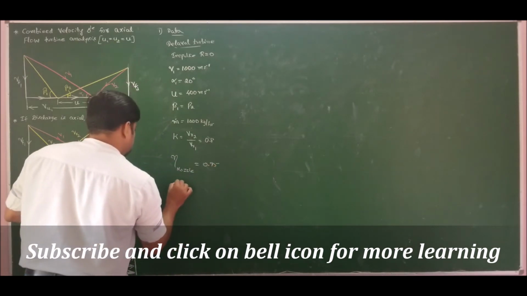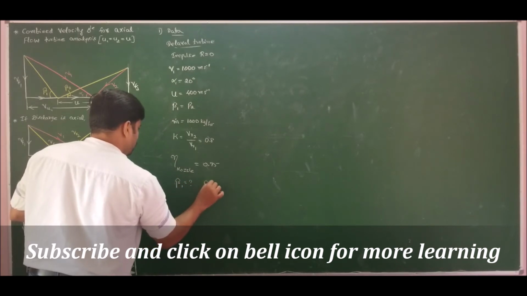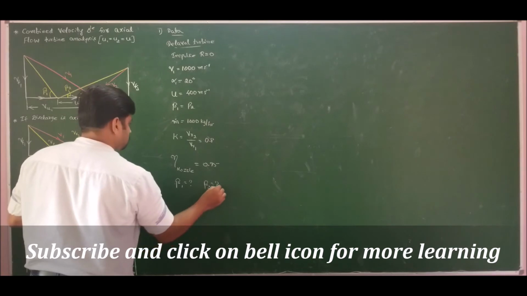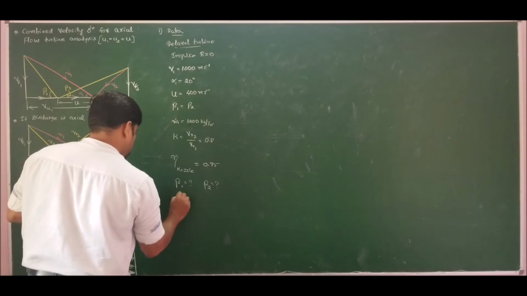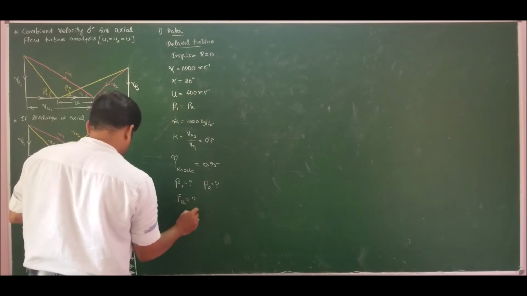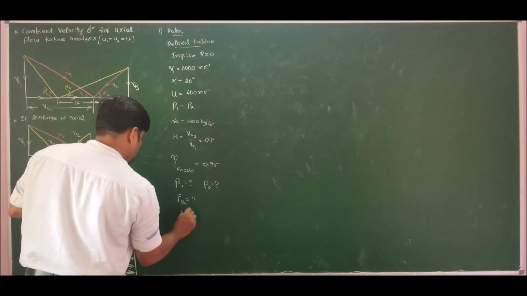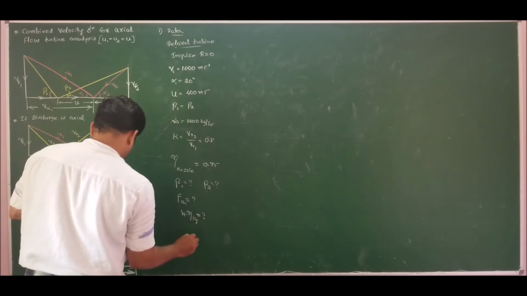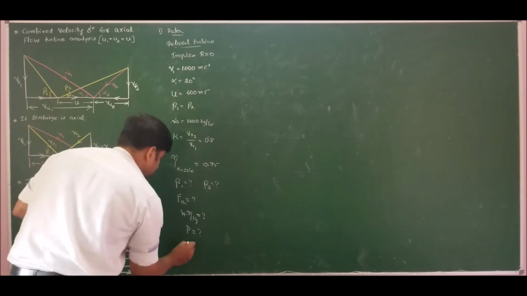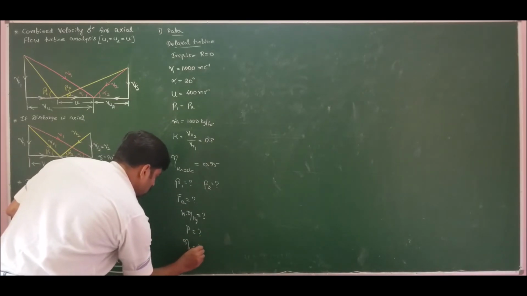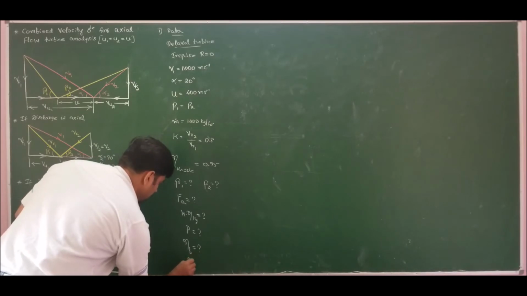Calculate the blade angles, that is beta 1, beta 2, the axial thrust FA, work done per kg of steam, power developed, blade efficiency, and finally stage efficiency.